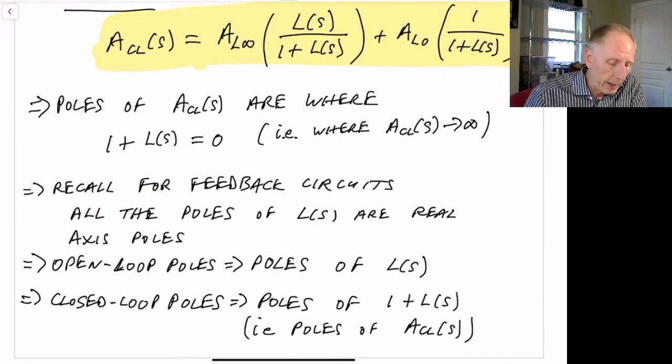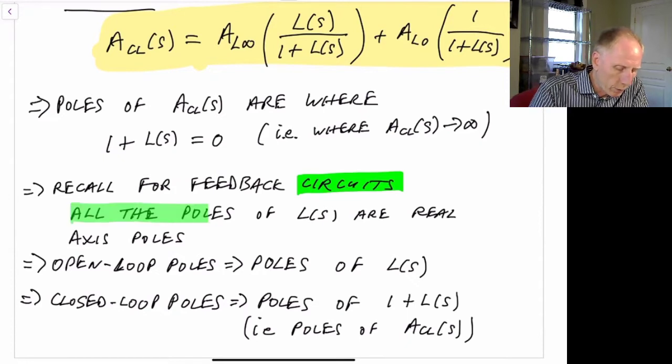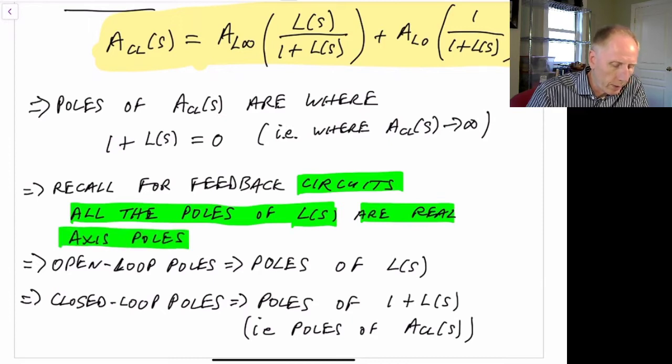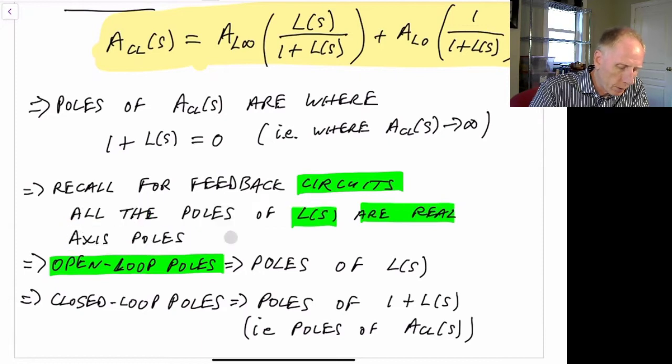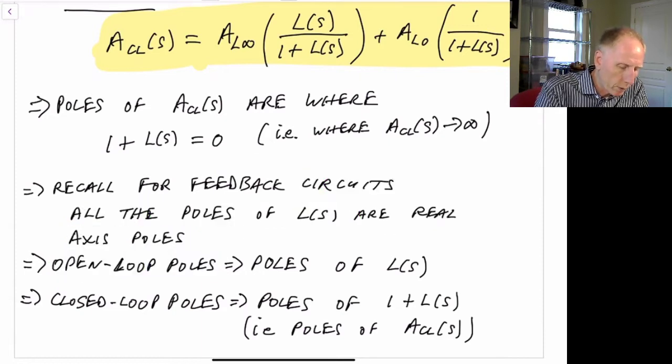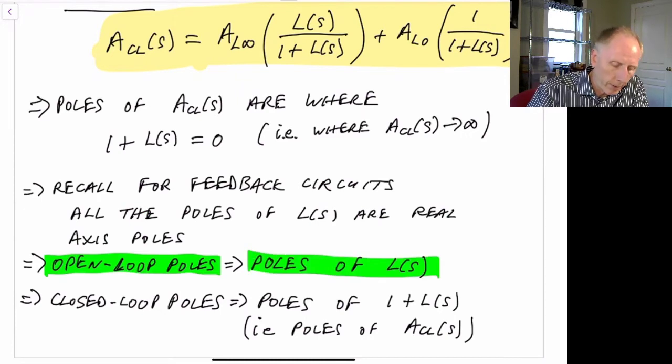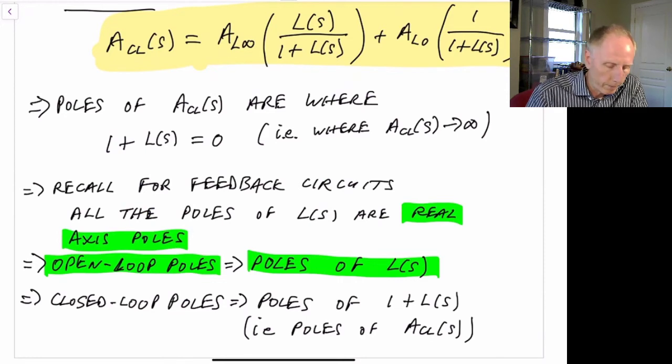Recall that in feedback circuits, and the key here is saying circuits, not feedback systems, all the poles of L(S) are real axis poles. We refer to those as the open loop poles. The open loop poles, which are the poles of L(S), are all real axis poles.